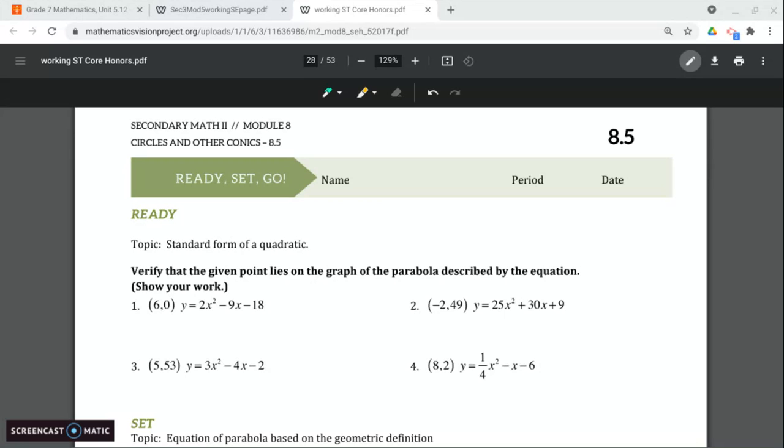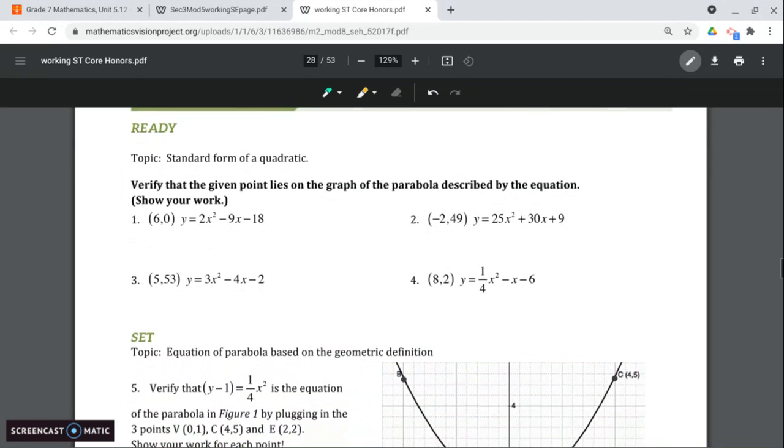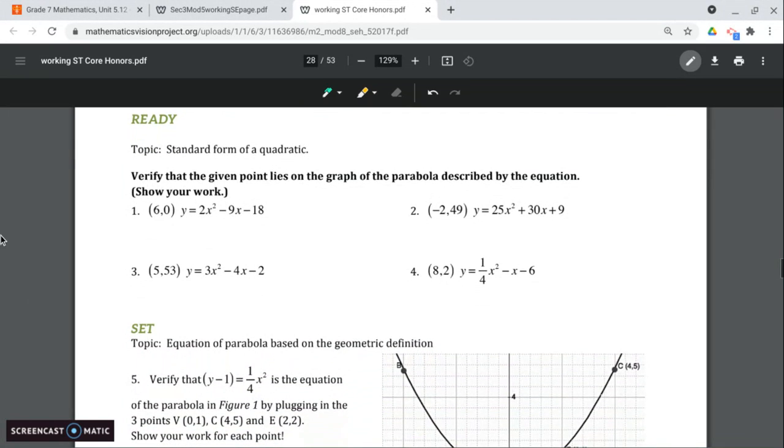So for this first part, we want to determine whether or not the point lies on the graph of the parabola. So we're just plugging in our x and y values and seeing if it does indeed work out. So 0 is our y value, 6 is our x value, so we have 0 equals 2 times 6 squared minus 9 times 6 minus 18.